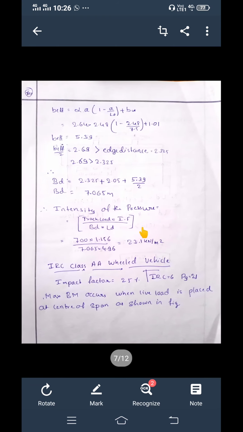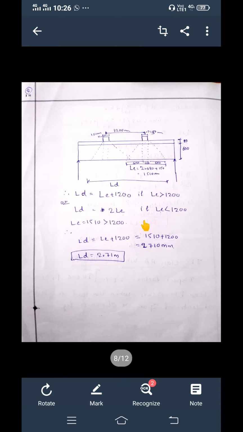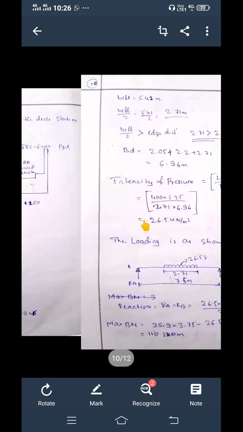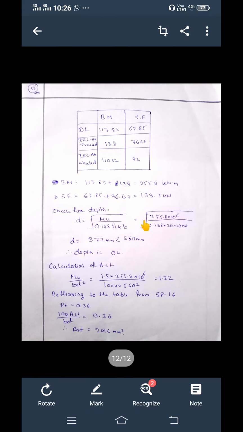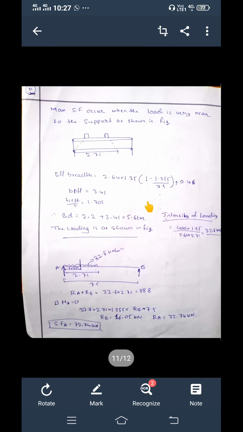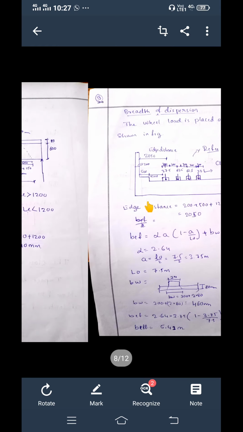So after this step you calculate the WL square by 2 and WL by 2. You will get the bending moment as 138 and shear force as 76.67. I think I have skipped that step.